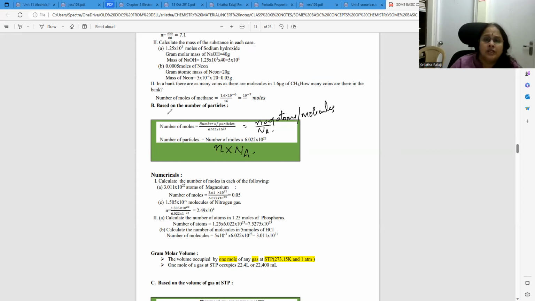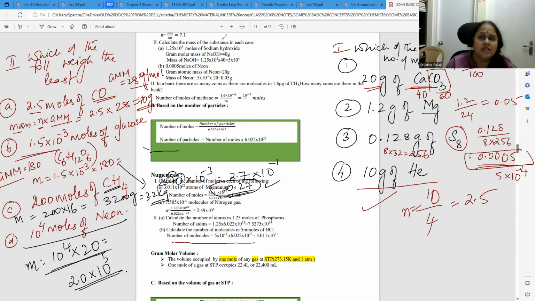Yes, ma'am. So the same way, the first set of calculation is to calculate the number of moles. In our previous question, what was the question I gave? Which of them has least mass? So carbon monoxide, I got 70 grams.